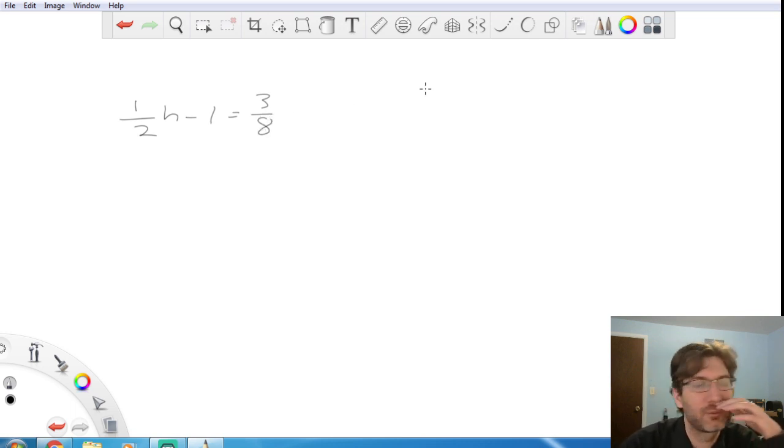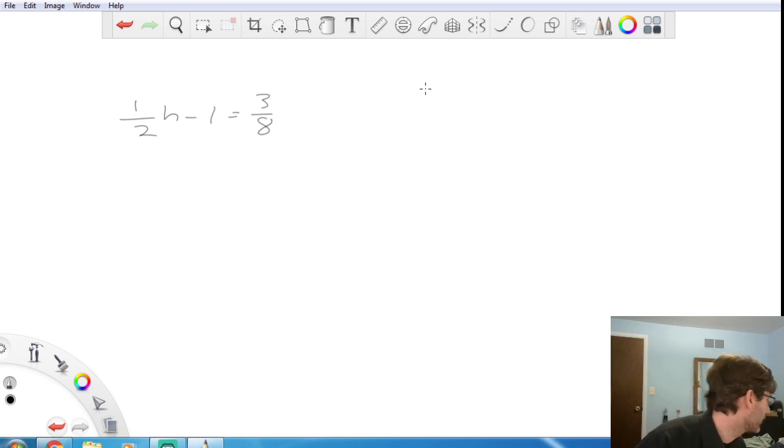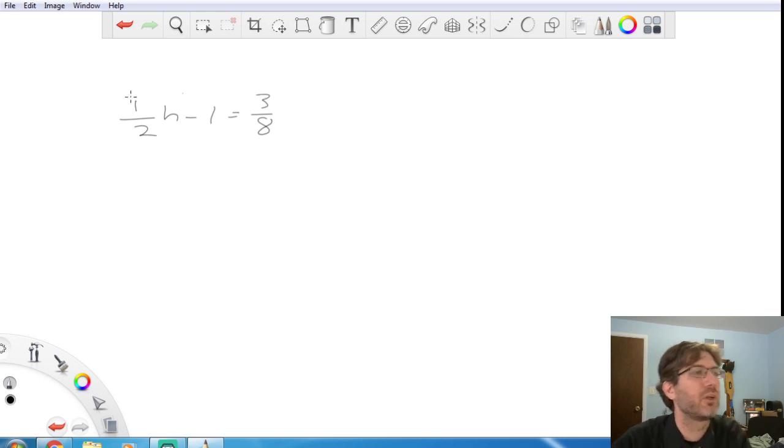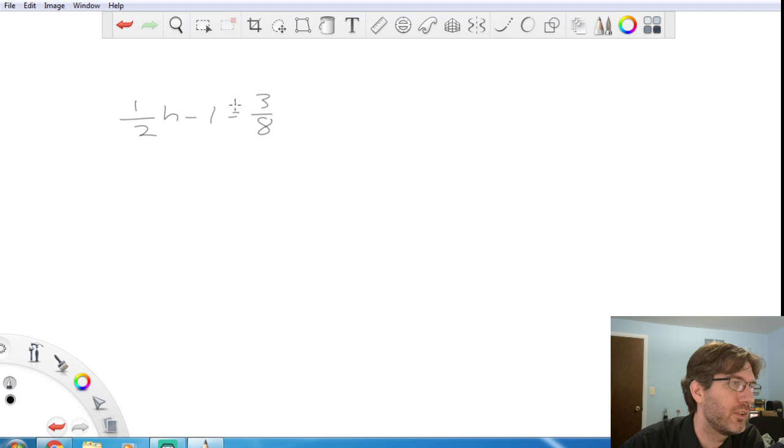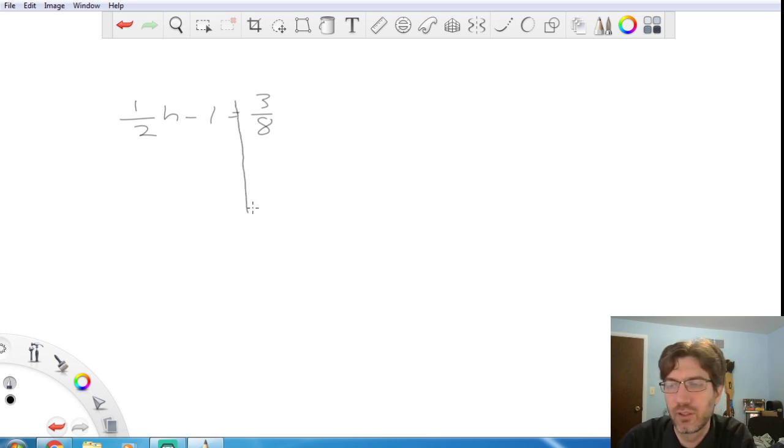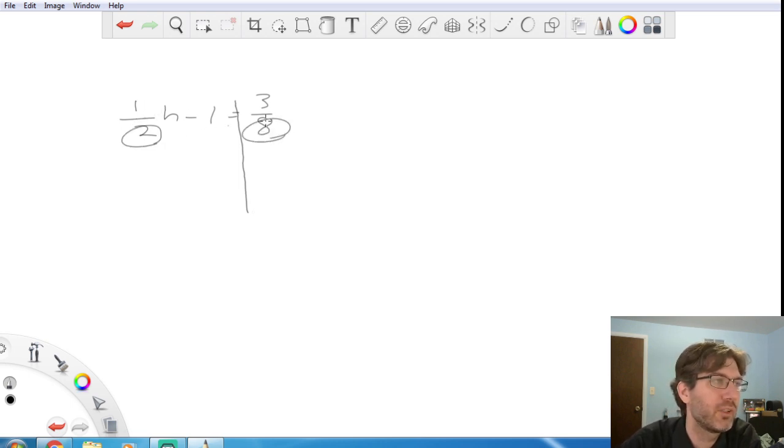If you follow the actual directions, it's going to say what number would you multiply each side by to get an equation without the denominators. So you want to get rid of the denominators here. One way to look at these is to just find common denominators between everything. So what is a common denominator between a 2 and an 8? Well, that would be an 8. So your answer here is 8. You're going to multiply each by 8.